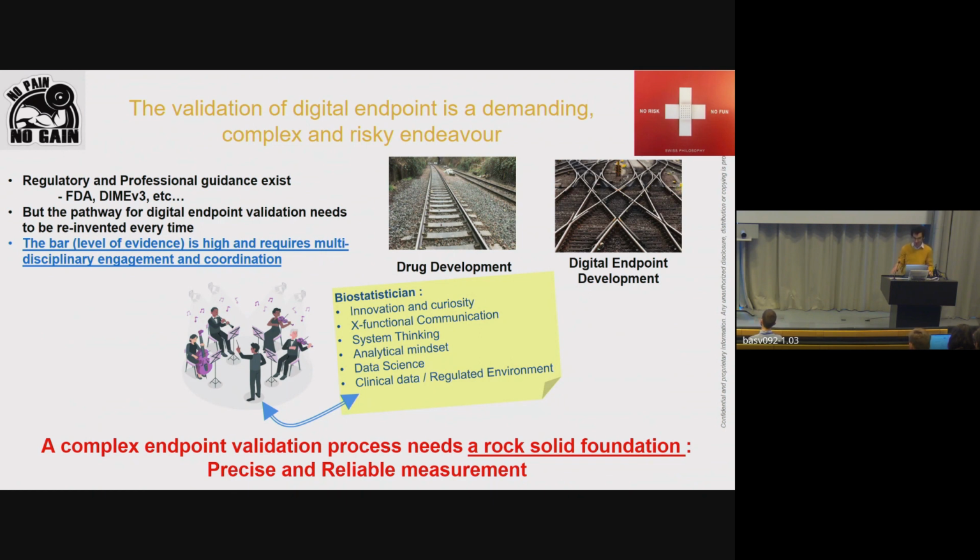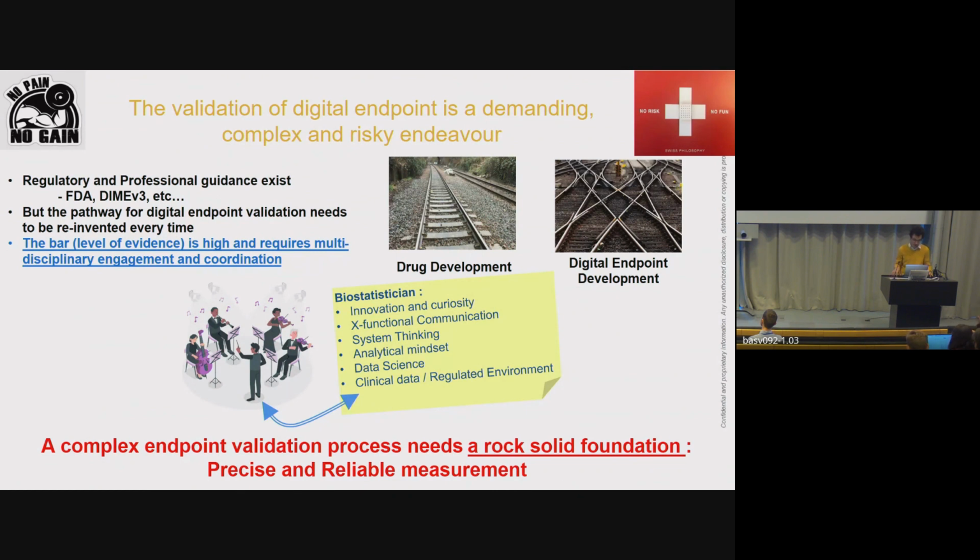And for this audience, I just wanted to say a little bit with respect to the title of this talk. It's a good place for statisticians from the pharma industry to be, and it's a great opportunity to contribute, add lots of value, and be leaders in this field. I just tried to list here some of the qualities or experience that we've developed as statisticians working on clinical projects that are really transferable and very valuable when we try to develop endpoints.